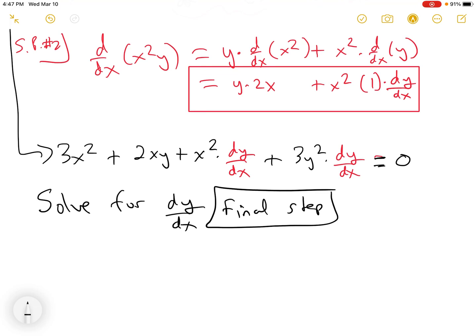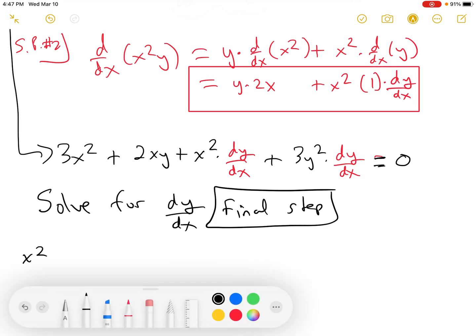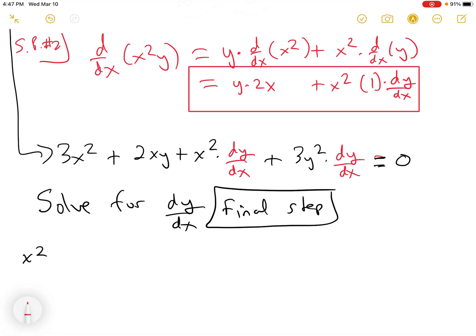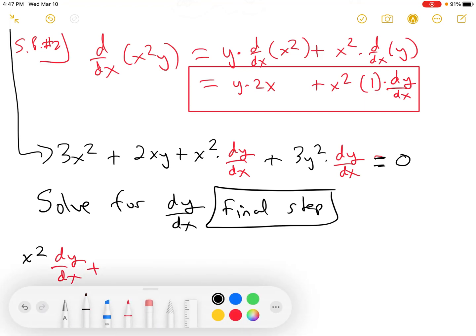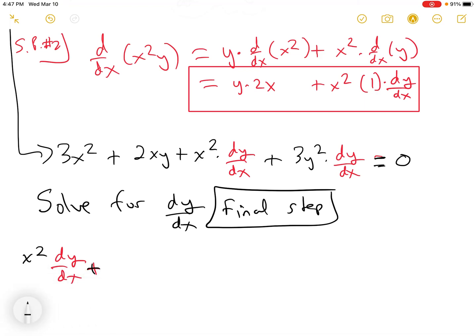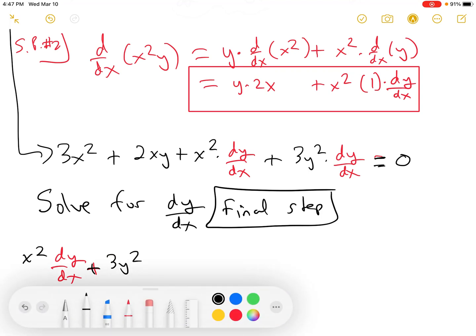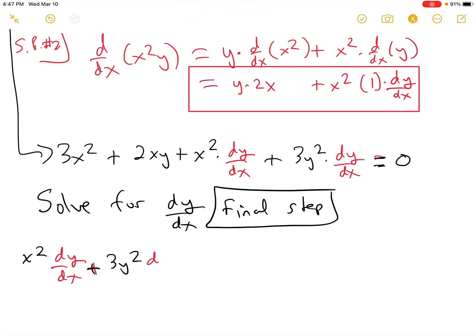So we have x squared plus 3y squared times dy dx equals minus 3x squared minus 2xy.